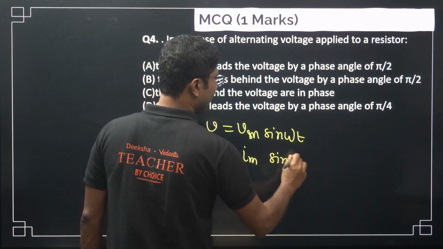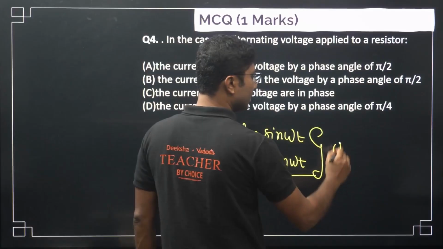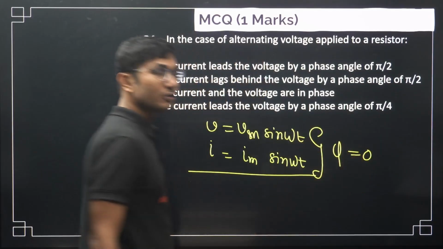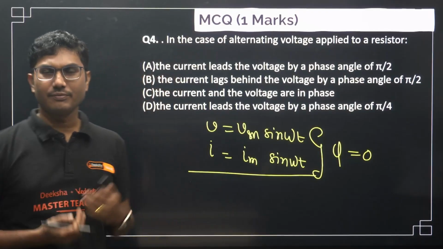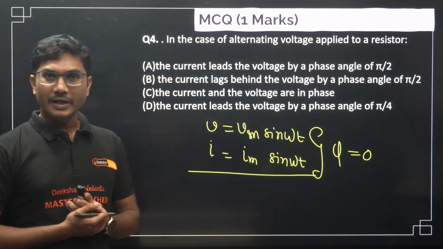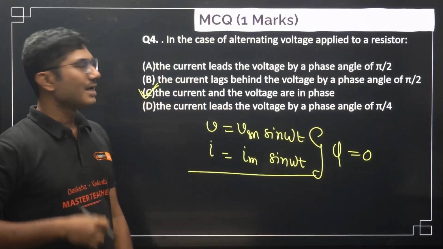Both are omega t. There is no phase difference. The phase difference between these two is 0. A phase difference of 0 means they are called in phase.